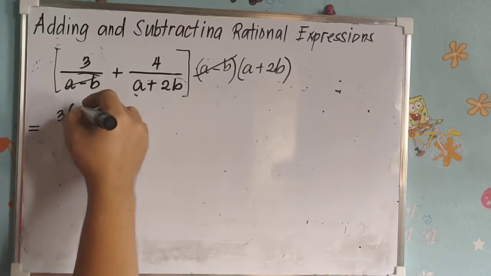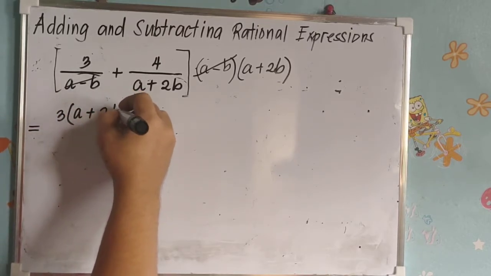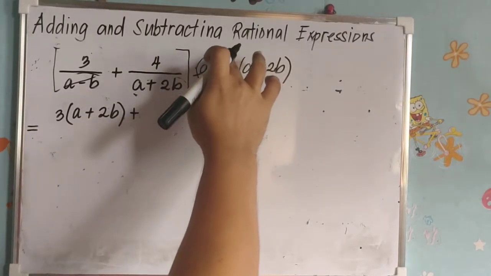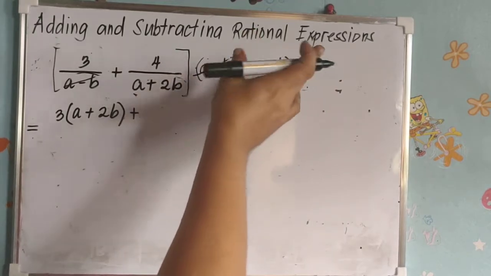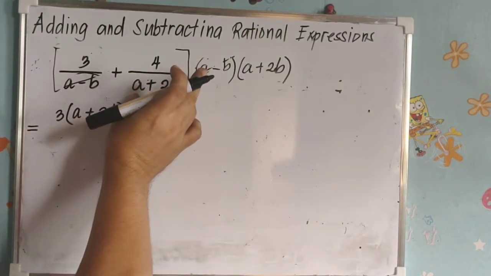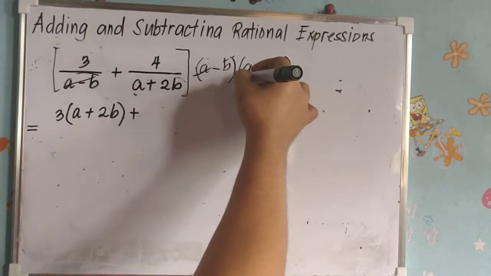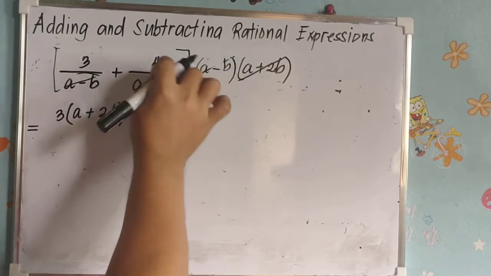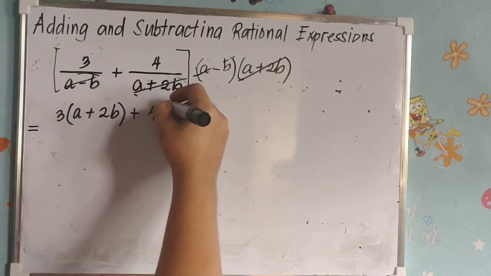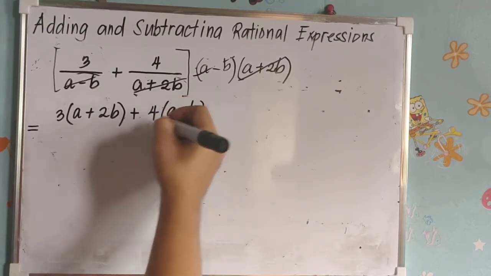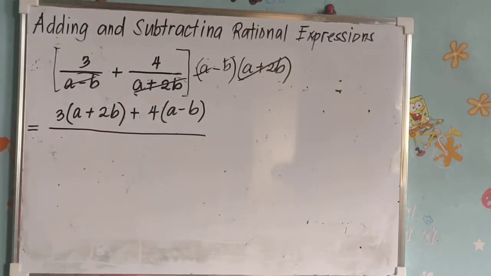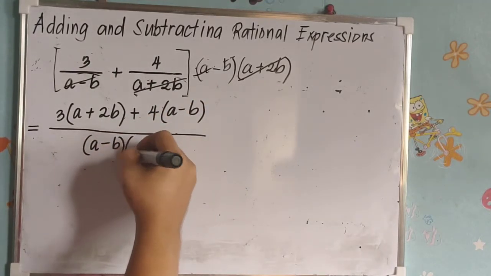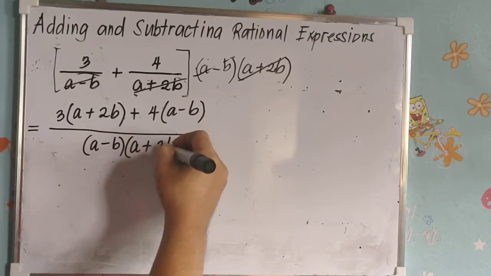So we have 3 times the quantity a plus 2b, and plus, again, the LCD times 4 over a plus 2b, and this will be cancelled out, and the remaining factor is the quantity a minus b times 4. So we have 4 times the quantity a minus b all over the LCD, which is the quantity a minus b times the quantity a plus 2b.